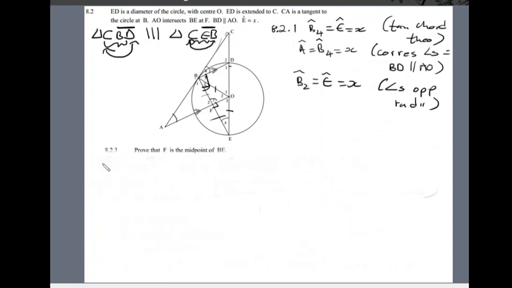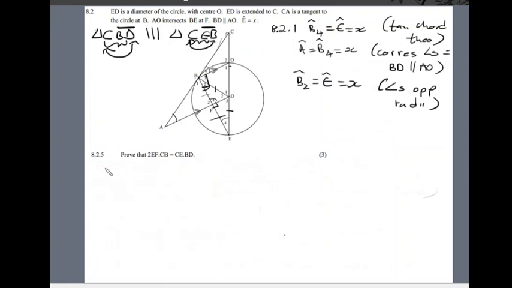So 8.2.5, you want to prove that this is true, right?